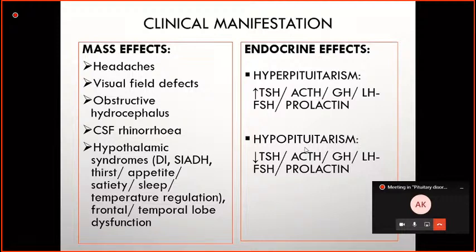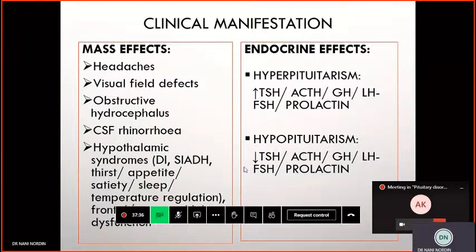So when there is upward extension of your pituitary, this drainage can be blocked, and it can cause accumulation of CSF in these ventricles, leading to an increase in size of the ventricles. This is called obstructive hydrocephalus, because the CSF cannot drain, as it is compressed by your pituitary.